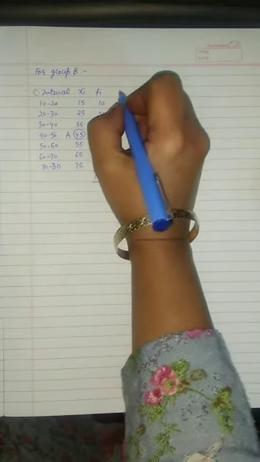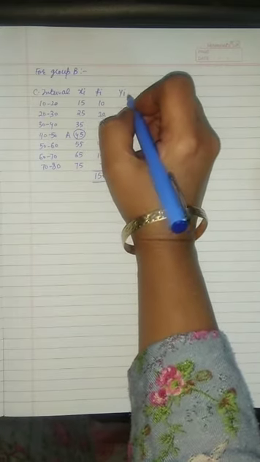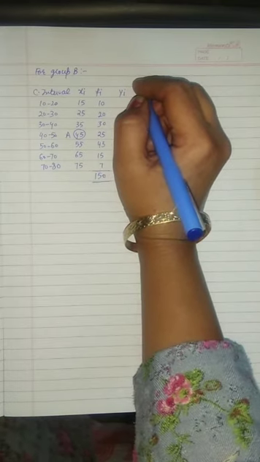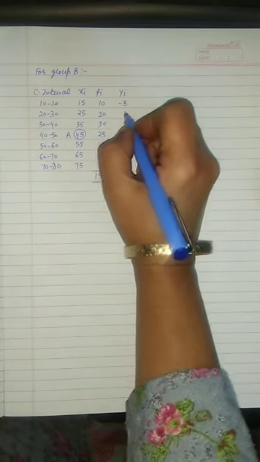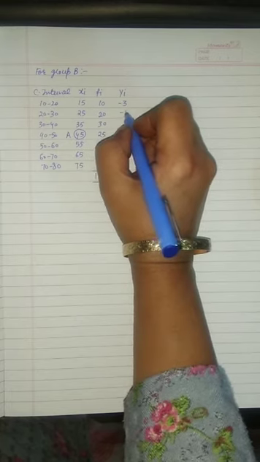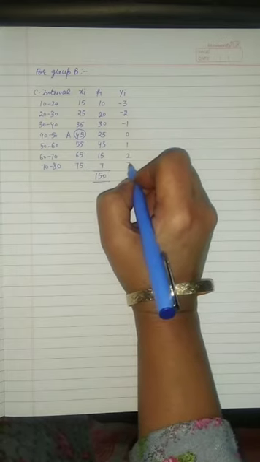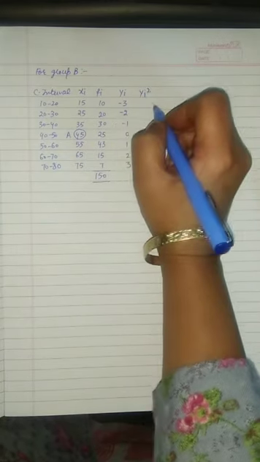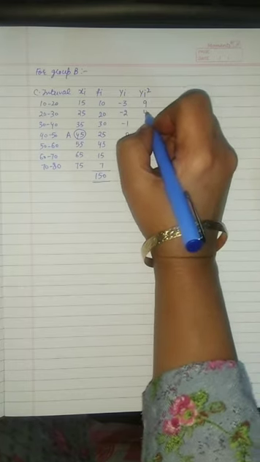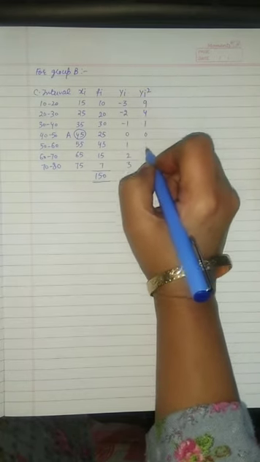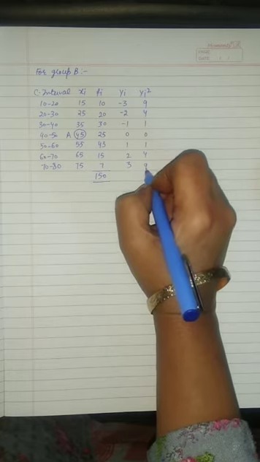Now we will find the yi column, as we already got in group A, and the values under this column are minus 3, minus 2, minus 1, 0, 1, 2, and 3. We will find the square of this column, which is 9, 4, 1, 0, 1, 4, and 9.